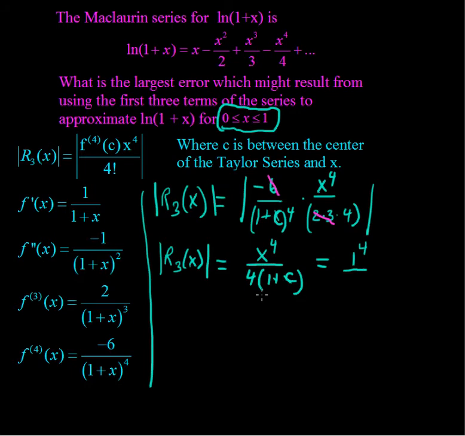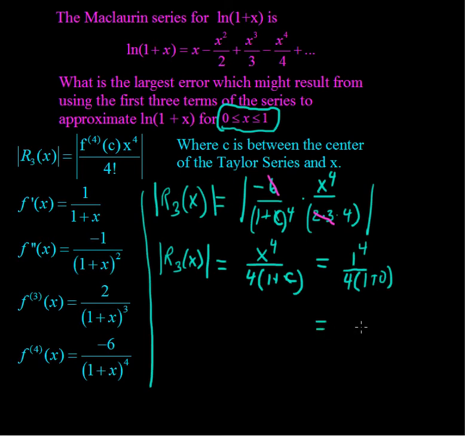And then the biggest value of this remainder when c is between 0 and x, again, where c is between the center of the Taylor series and x. So the center of the Taylor series is at 0, since this is a Maclaurin series. So we need to pick 0 to make the largest remainder for this. So that's 4 times 1 plus 0.